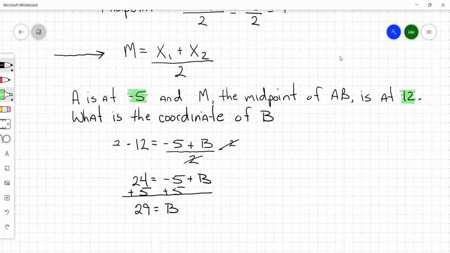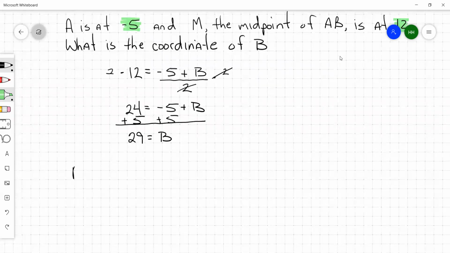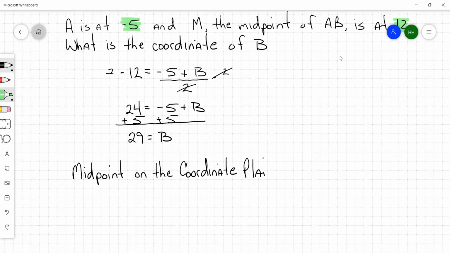All right, and then let's talk, got a few more things to talk about. Let's talk about midpoint on the coordinate plane. Now you've got an X and a Y to deal with.